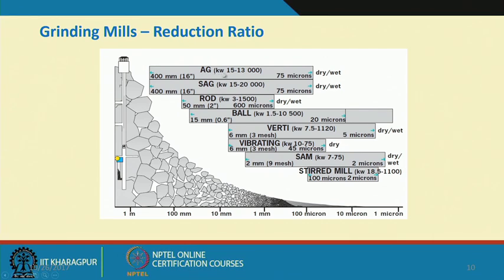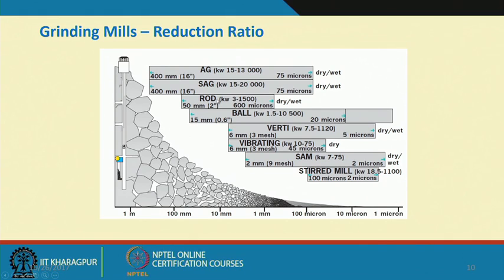The AG mills normally consume 15 to 13,000 kilowatt hours of power, and the reduction ratio is from 400 millimeters to 75 microns. It can be used as a dry or wet process. So, you can calculate what the reduction ratio is. The SAG mills, semi-autogenous grinding mills, range from 15 to 20,000 kilowatts, and again you can get a reduction ratio from 400 millimeters to 75 micrometers.